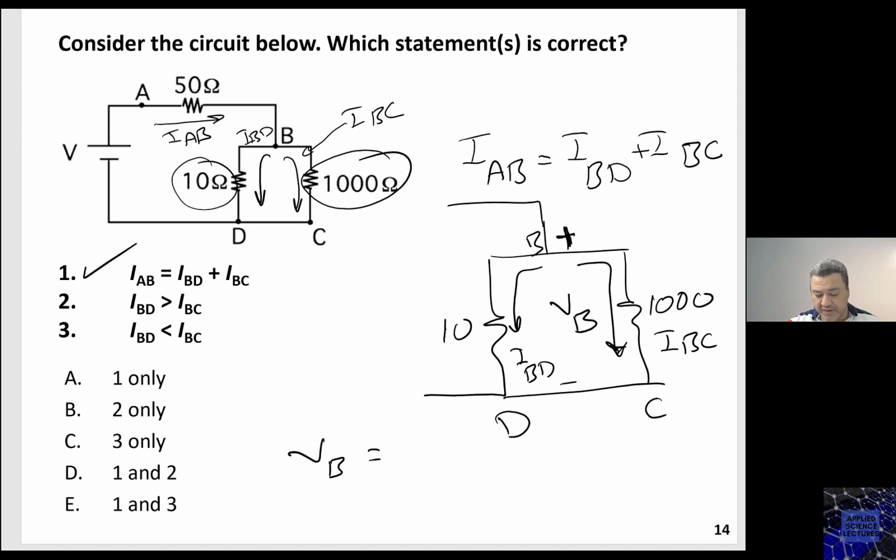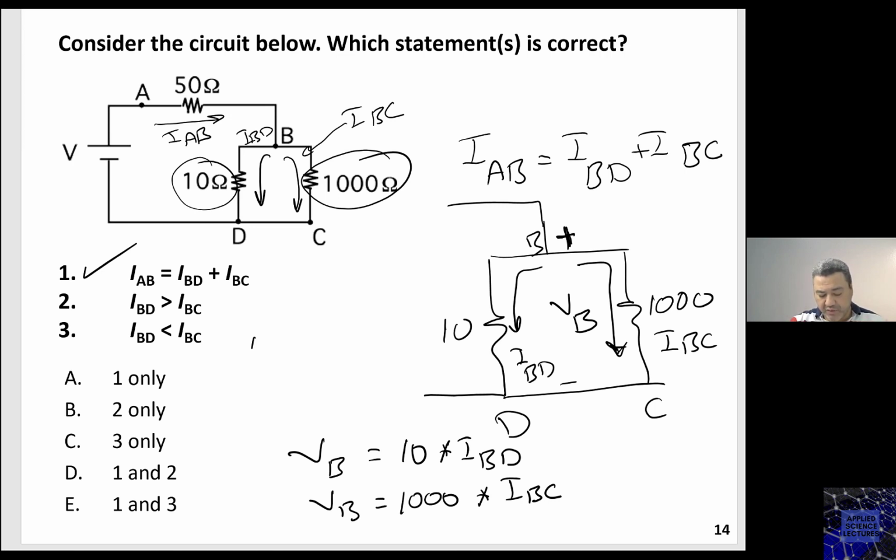So VB, let's take the left resistor. VB is 10 times IBD, right? And I also have VB equals 1000 times IBC. Now let's equate those two.